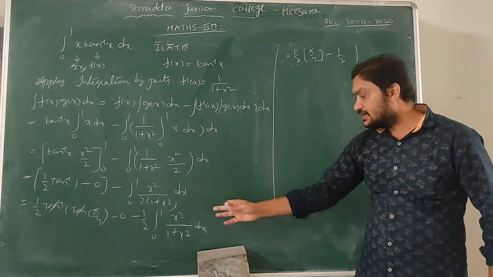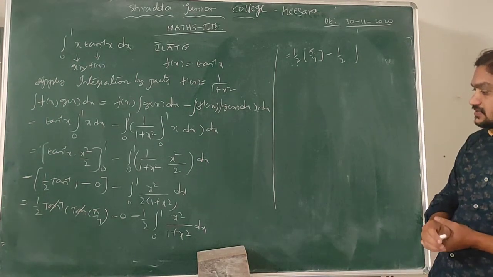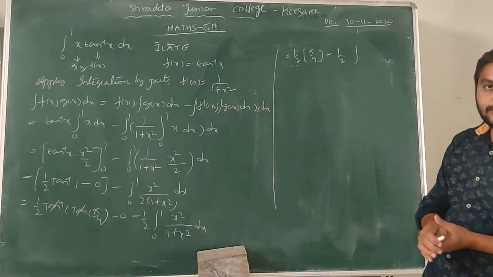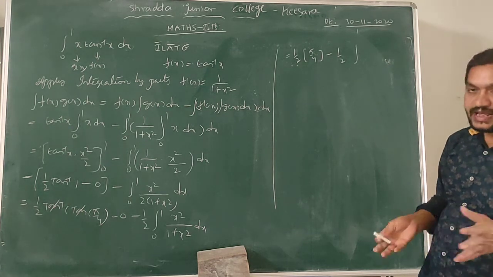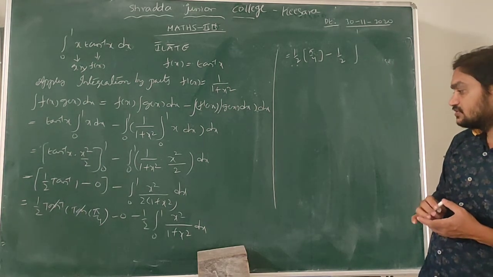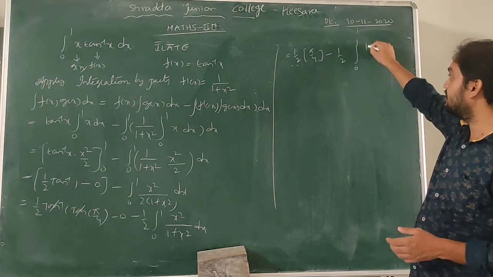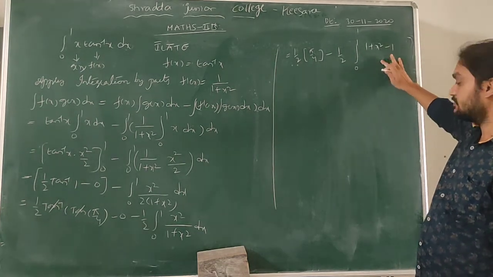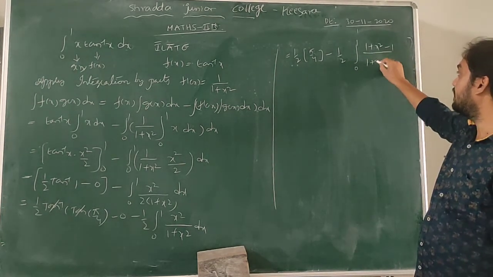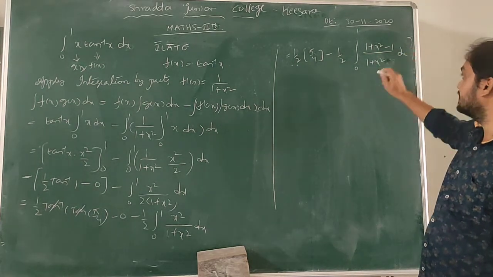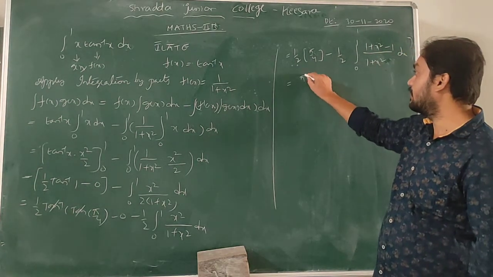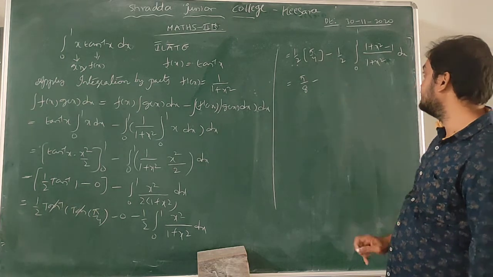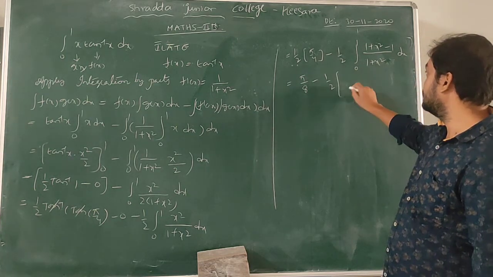Now see the numerator here, in which form? x square. What is the denominator? 1 plus x square. So we are adding and subtracting 1 in the numerator. Then what we are getting here: 1 plus x square minus 1 by 1 plus x square dx. Now see here, pi by 2 into 4 is pi by 8, minus 1 by 2.